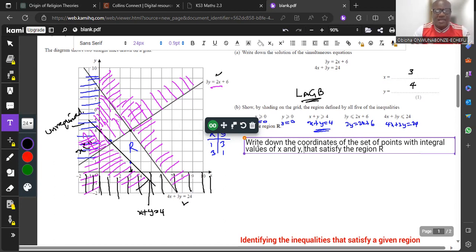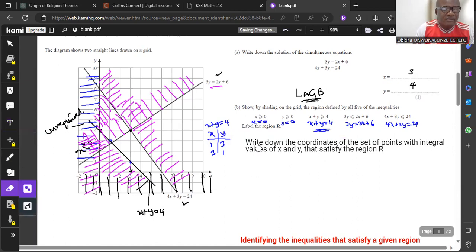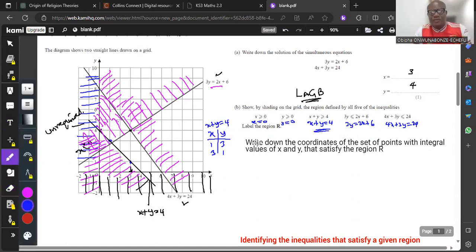So in that case, you can see this is one of the reasons why the unrequired region is shaded, so that you can make use of the required region. So let's identify the points that have whole number x and whole number y coordinates. This is one of the points one can easily see.